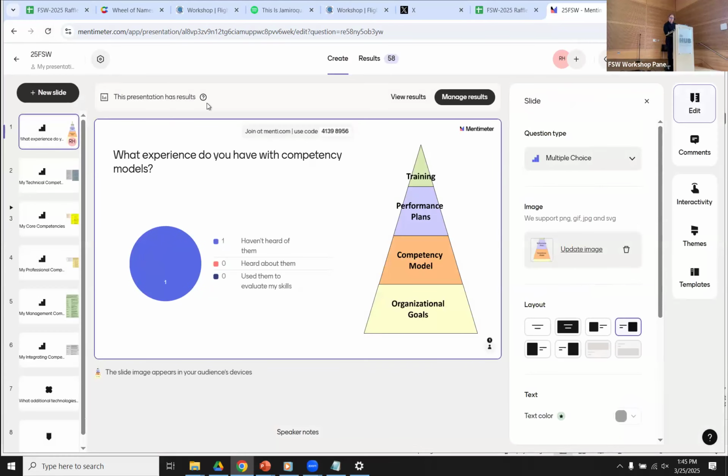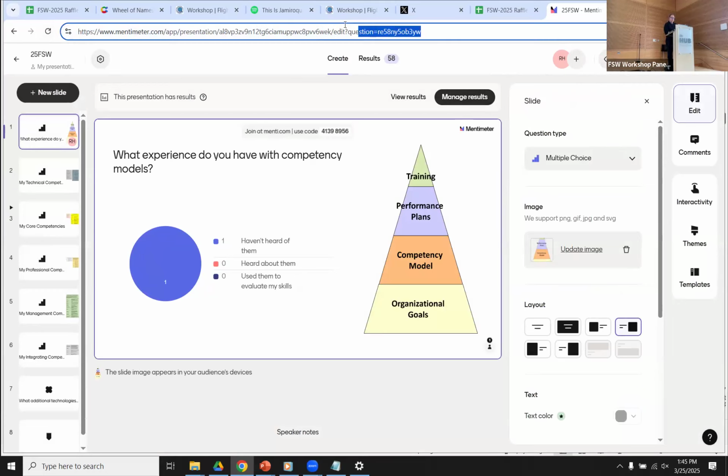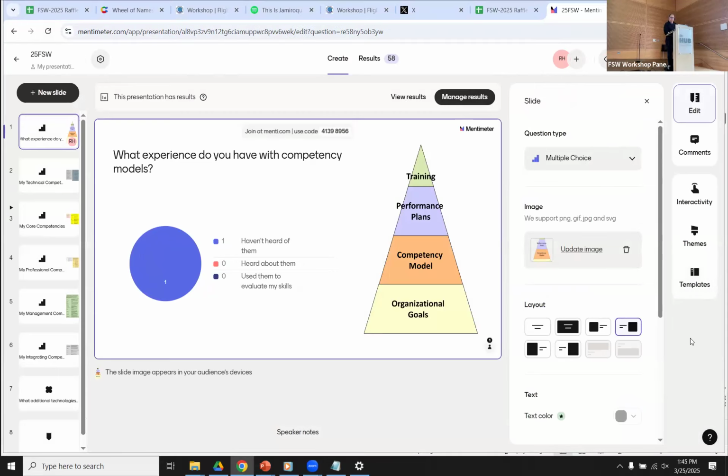Okay, are you seeing the competency models? You're on question 3. Okay, well, we'll catch up with you on question 3 here. For whatever reason, it's not resetting properly.